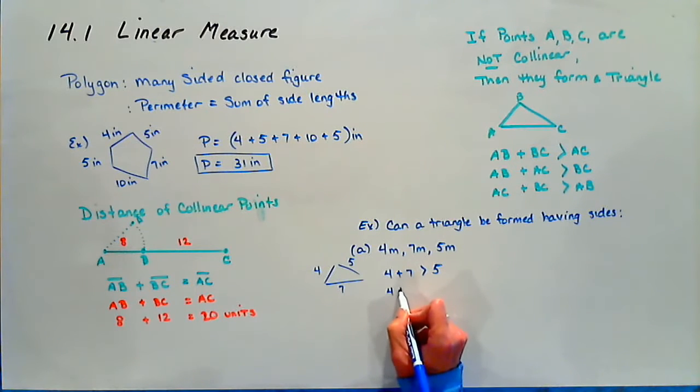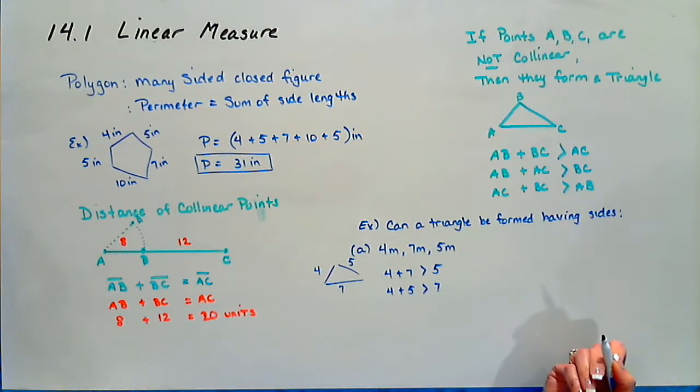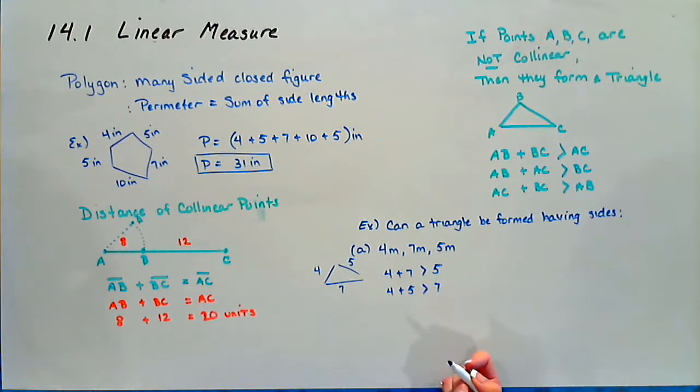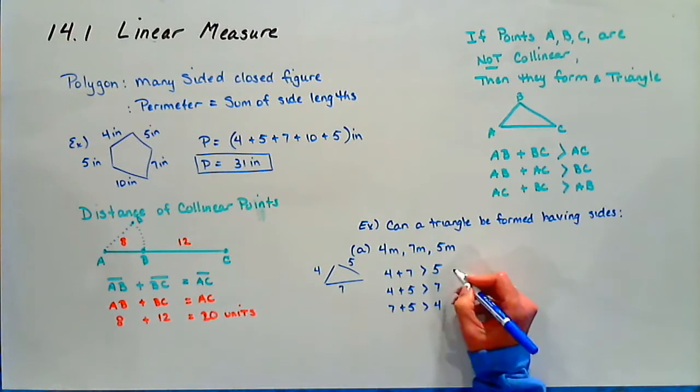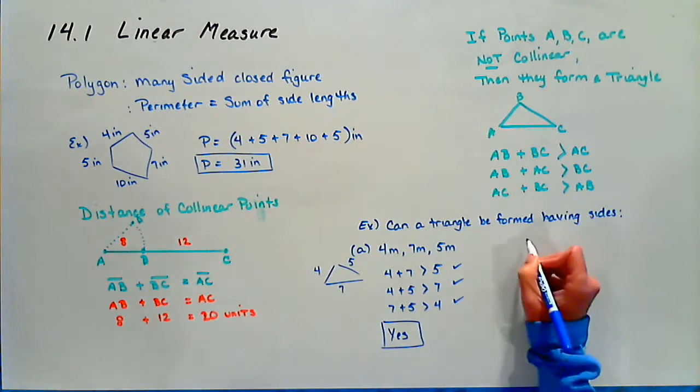Is 4 plus 5 greater than the other side of 7? Yes. 9 is greater than 7. And lastly, is 7 plus 5 greater than the other side of 4? And the answer is yes. So since all three scenarios work, this could be the side lengths of a triangle.